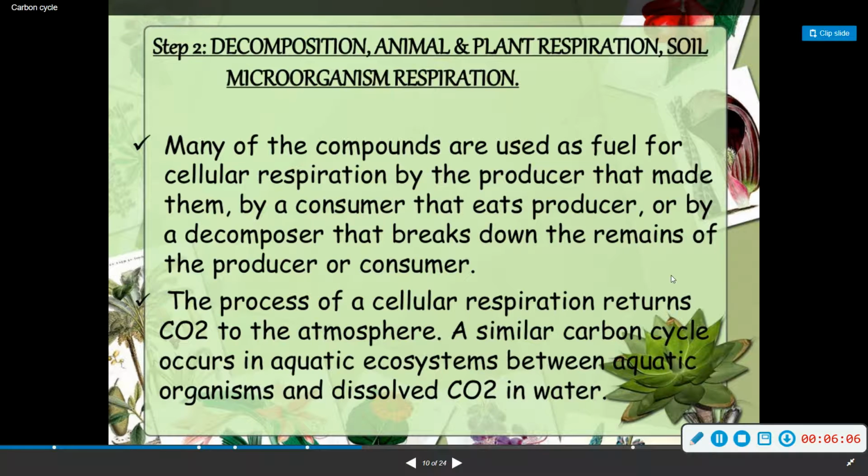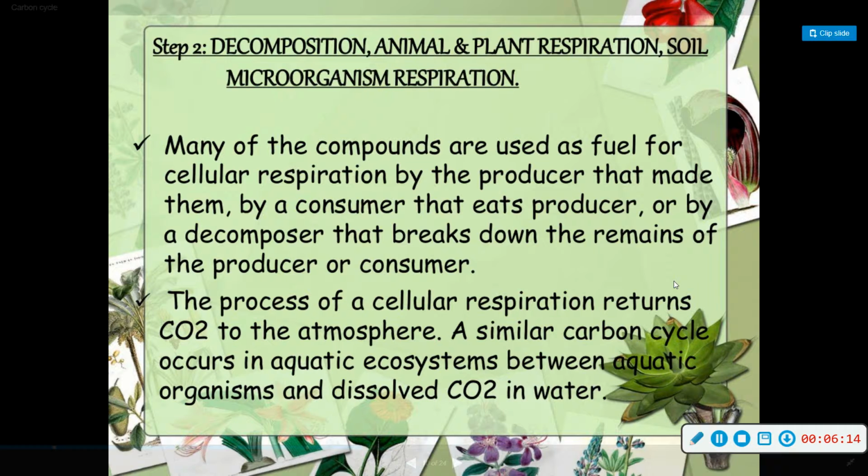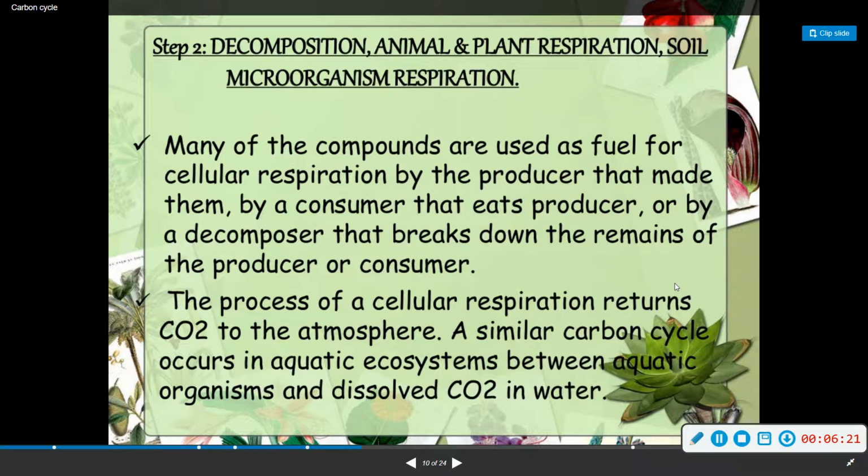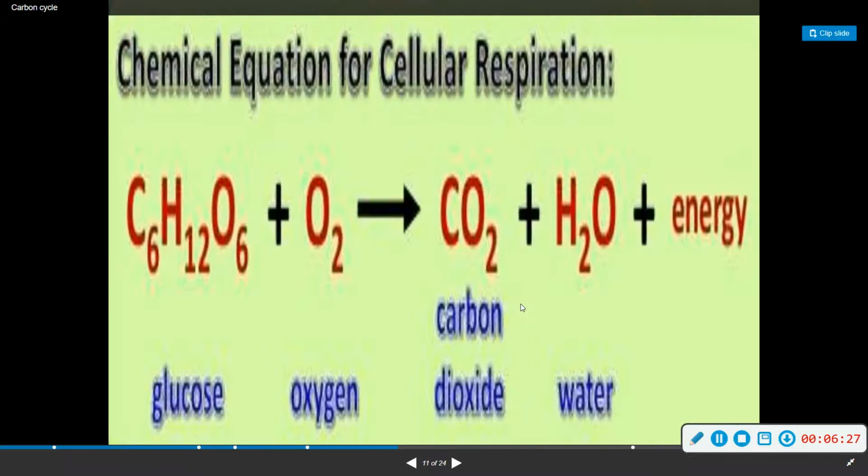Too much CO2 in the water will actually make things too acidic. And there are a lot of fish and other marine species that are very sensitive to acidity in water, and it could kill them off or cause them to go elsewhere.